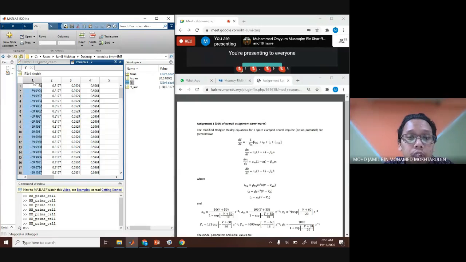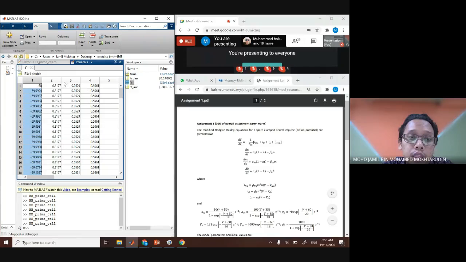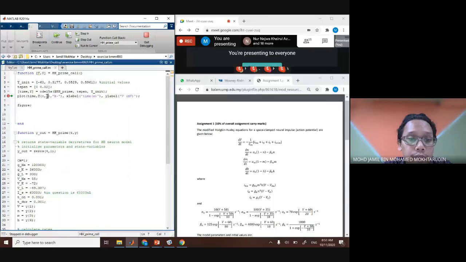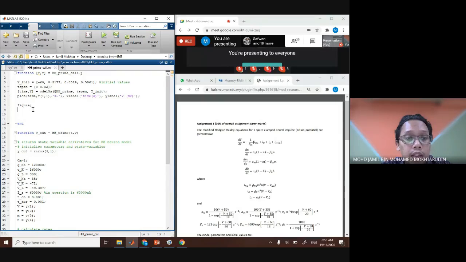Meaning that the first column is V, second column is N, the third column is M, and the fourth column is H. So here in the plot, you are plotting for the first column, meaning that you are plotting for the voltage only. So now you need to recalculate the other values here.